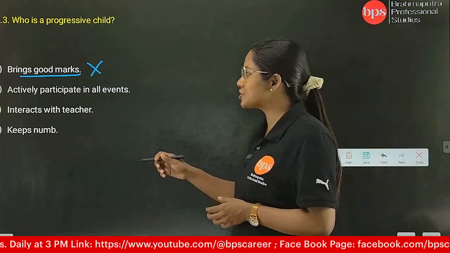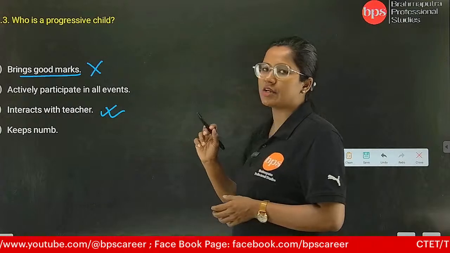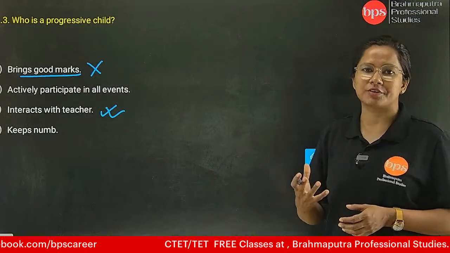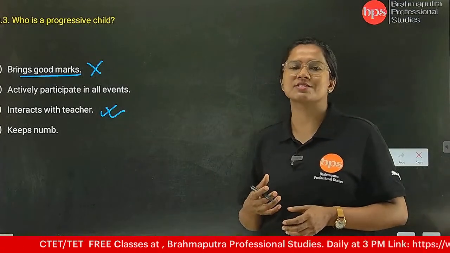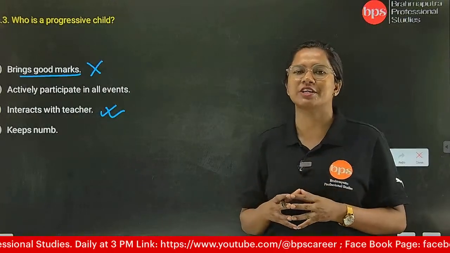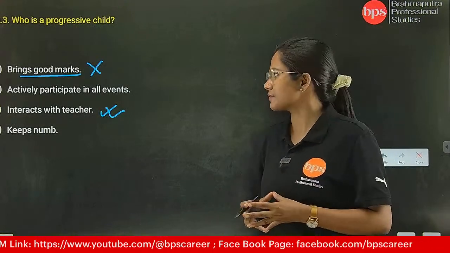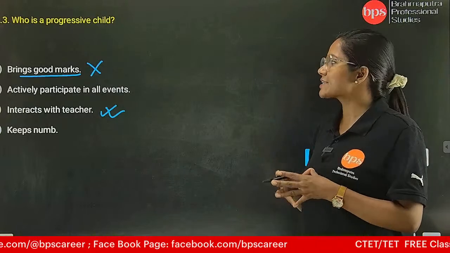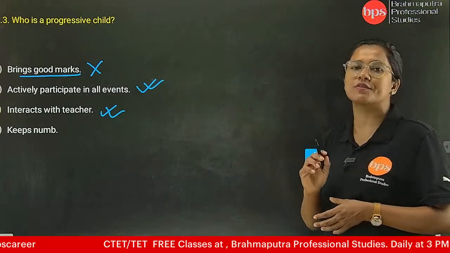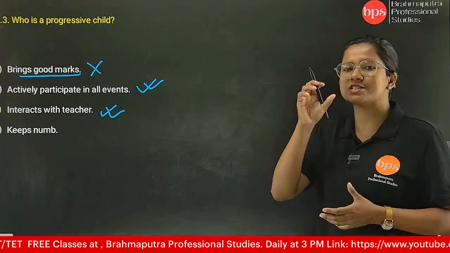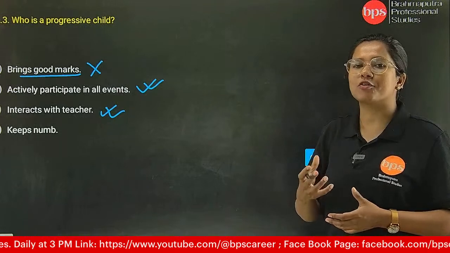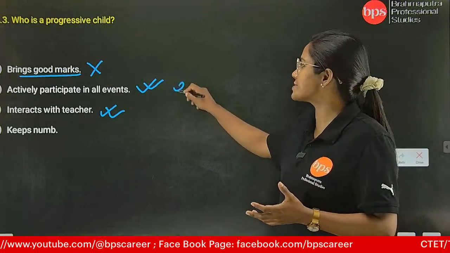Interacts with teacher is very important because the student is trying to make some kind of relation with the teacher, and is trying to express his inner problems, or the turmoil which he or she is having within. Okay, and then B, actively participating in all events. Participating in events is also very important, because the student is trying to express himself.